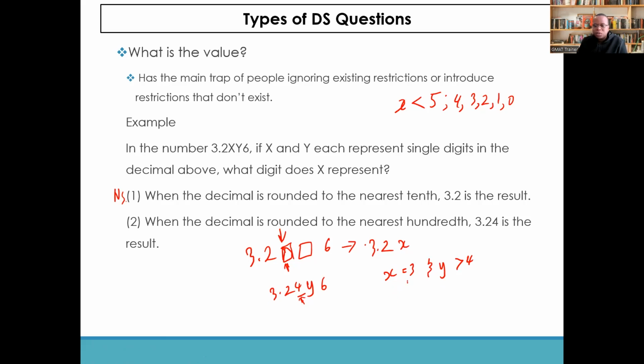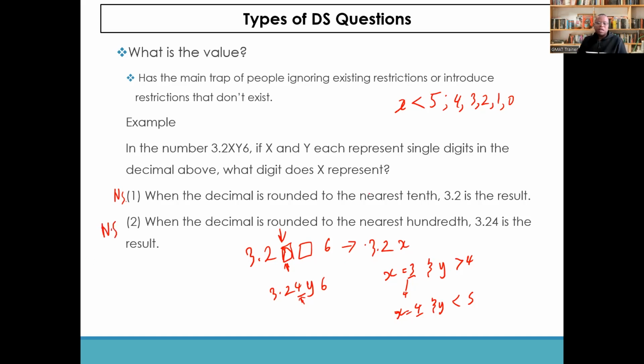This will change to 4. But if x is 4 and y is less than 5, then x will remain as 4. So we're seeing there are two possible values of x here. It can be 3 or it can be 4. So unless we know what y is, we won't be able to know what it is. For this reason, this one also is not sufficient.